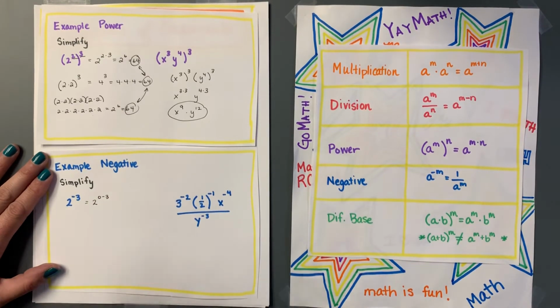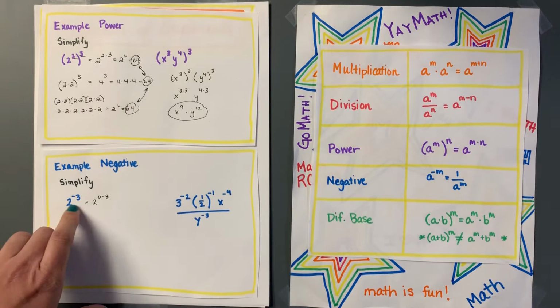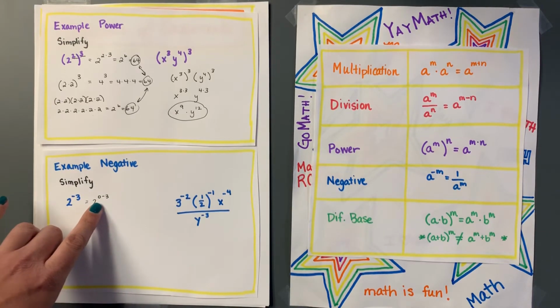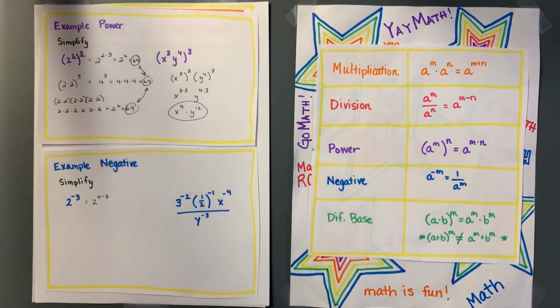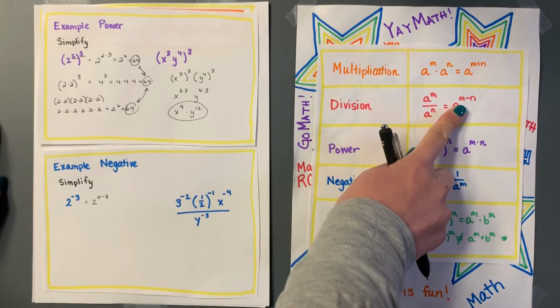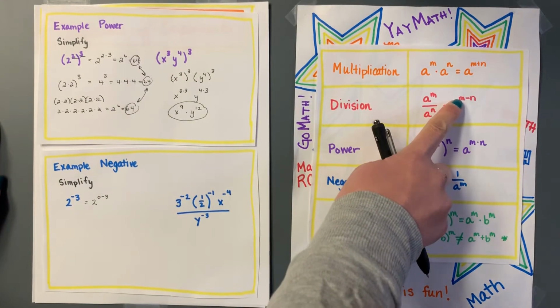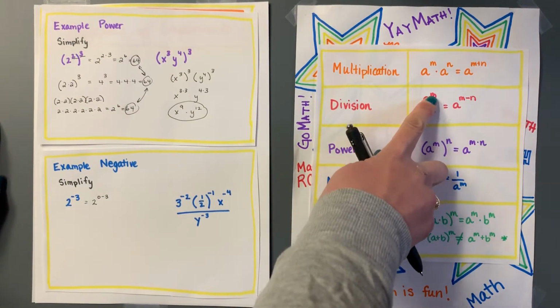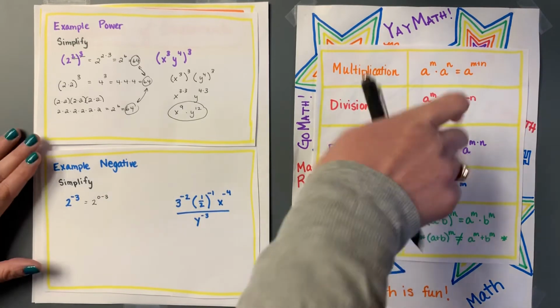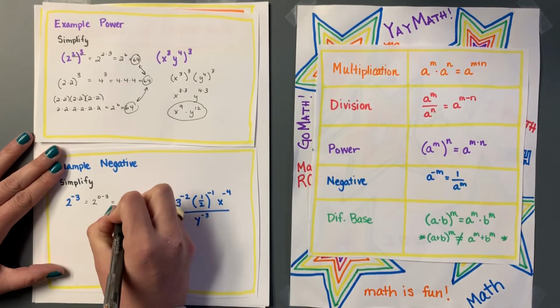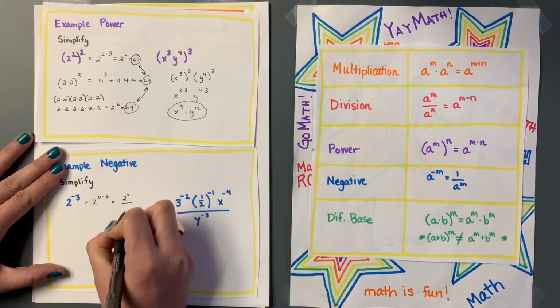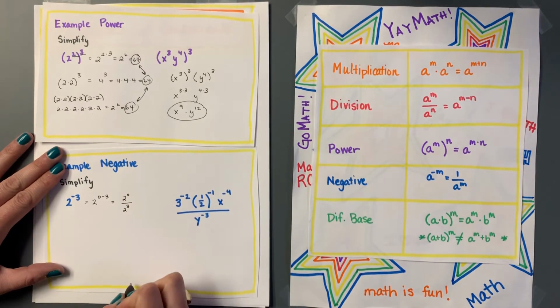So if I'm working backwards from this 2 to the 0 minus 3, what does this remind me of? This reminds me of this division property, right? I have the numerator and the denominator. So this becomes 2 to the 0 divided by 2 to the 3.